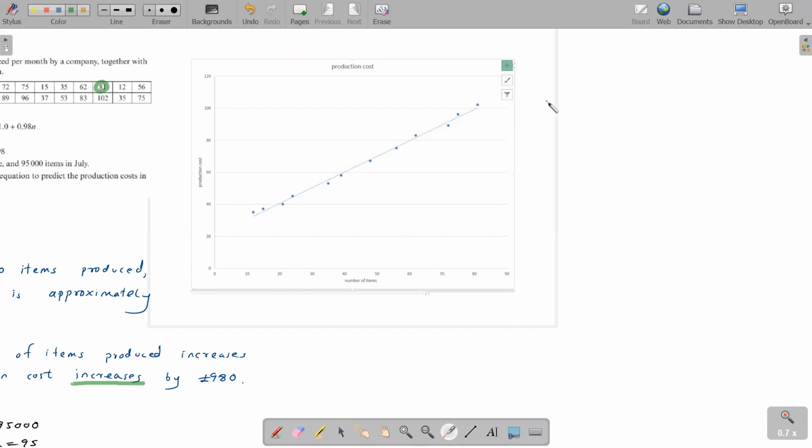We have no idea. So this is what we call extrapolation. Since your data doesn't extend to cover those areas, you should not use your regression line to give predictions for such data points. We don't know whether things will change.